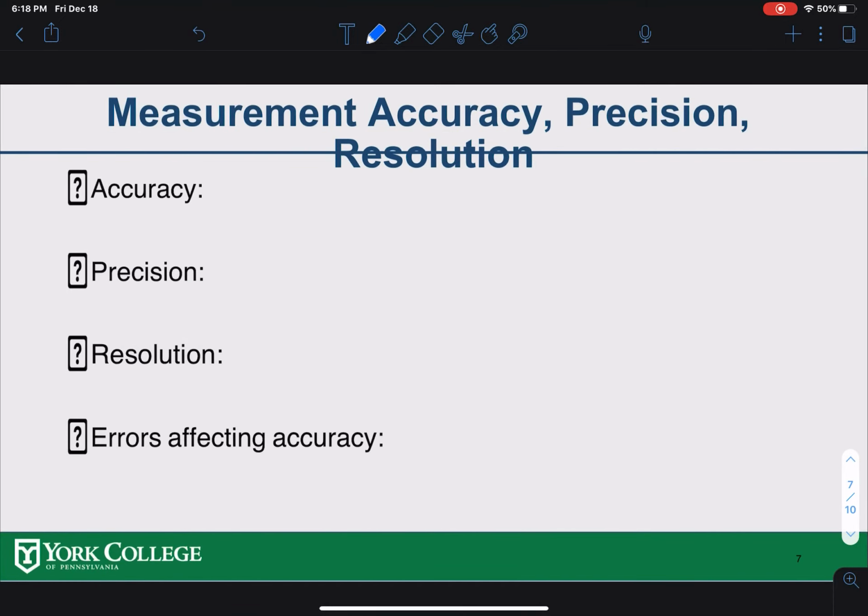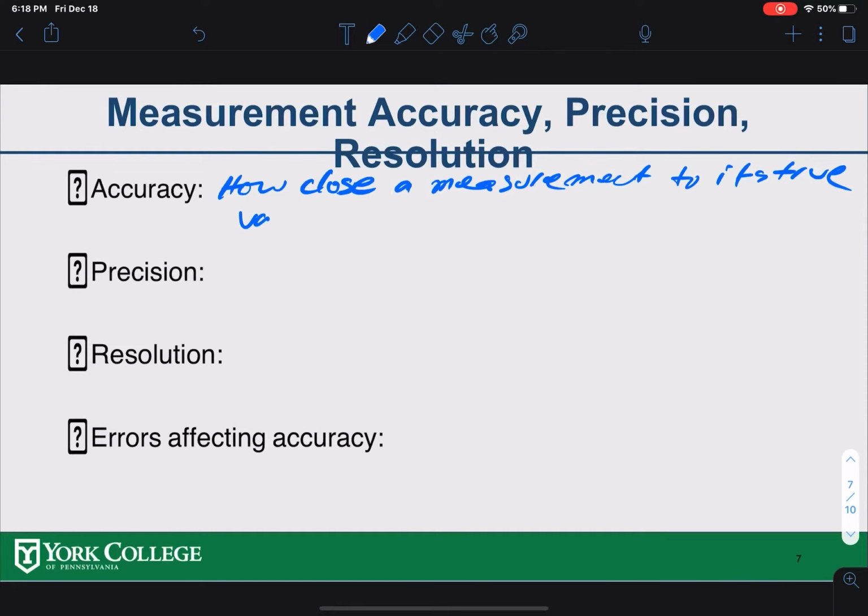All right. So let's define those terms here. Accuracy means how close a measurement is to its true value. And what's precision?